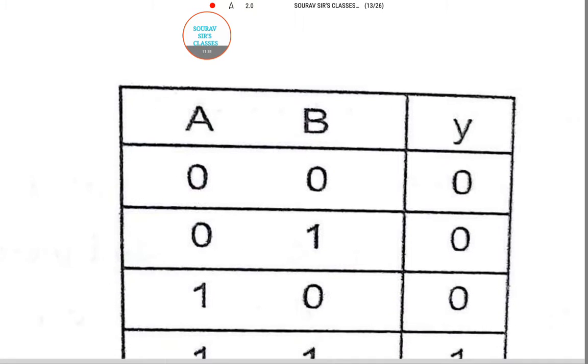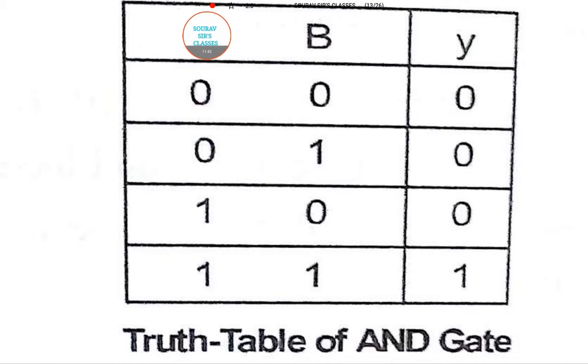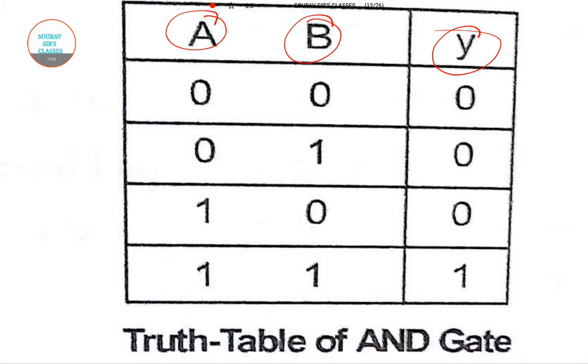So the truth table of the AND gate, which combines the input A and B to give the output Y, is this. So this is what we have judged, all the 4 cases at a glance.